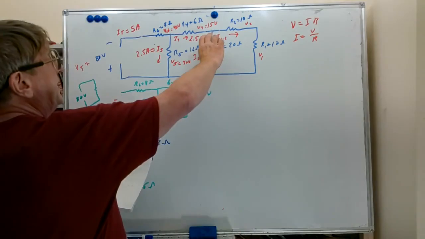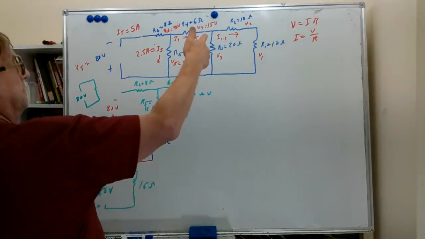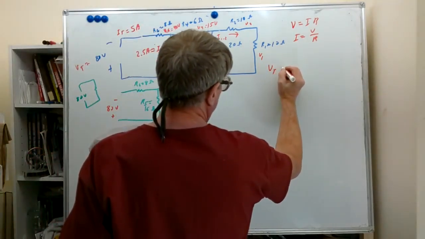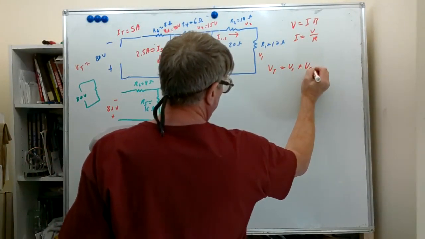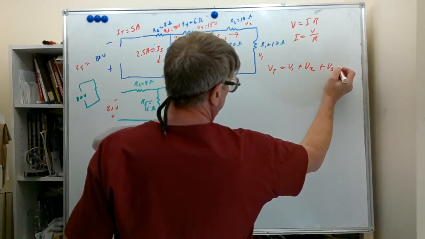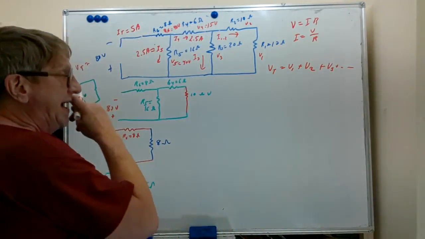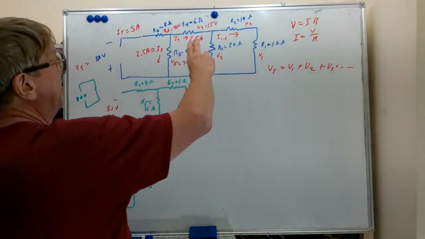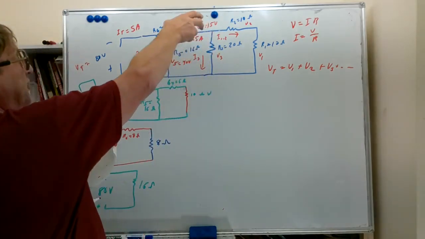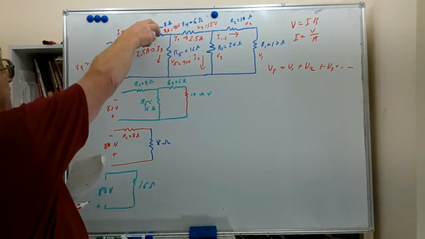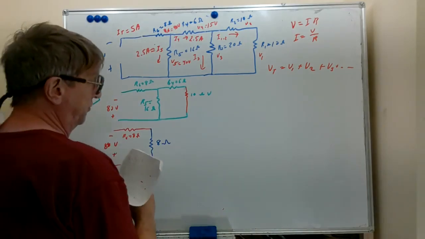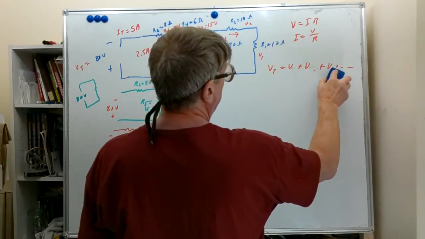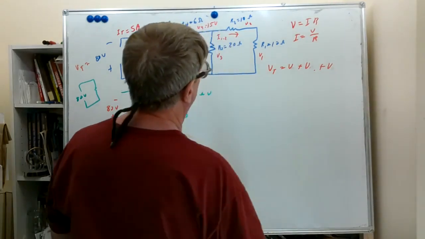Now to find V3, we'll use our total voltage summation formula. Remember, that's voltage total equals V1 plus V2 plus V3 plus whatever we have. And that is how the total voltage adds up in a series circuit. Well, we got this voltage across V3 plus this voltage across V4 plus this voltage across V6 to get our total voltage. So we're going to put those subscripts in, the ones we're actually going to use for this particular problem.